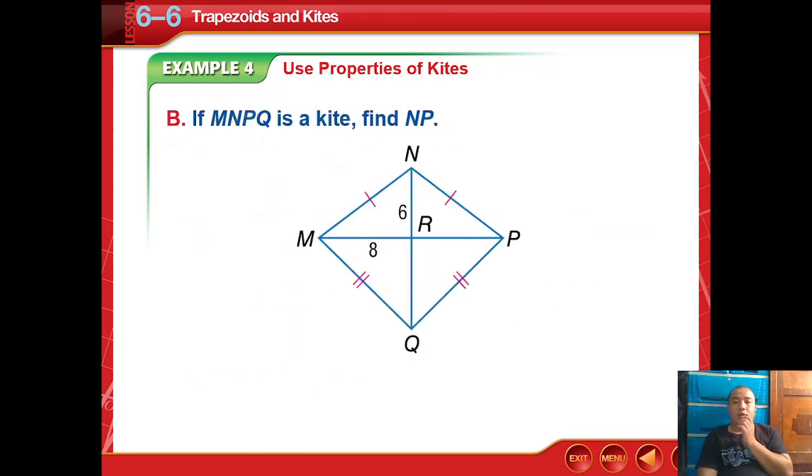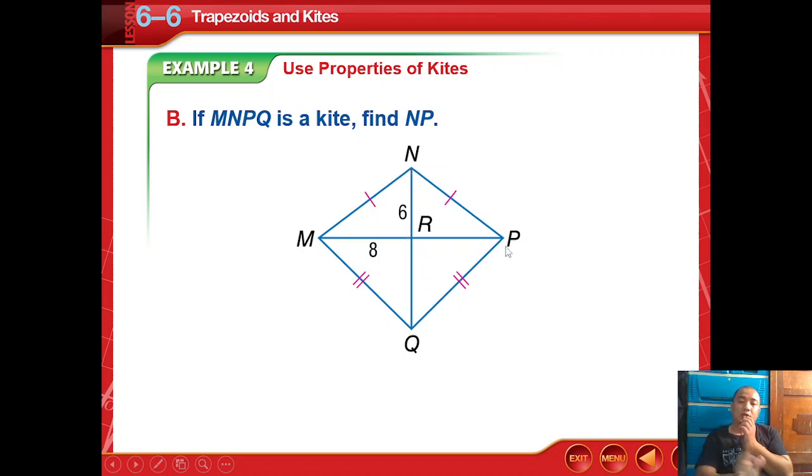Now, if MNPQ is a kite, find NP. So, as we said earlier, diagonals of a kite are perpendicular. So, that means this is a right triangle, MNR.